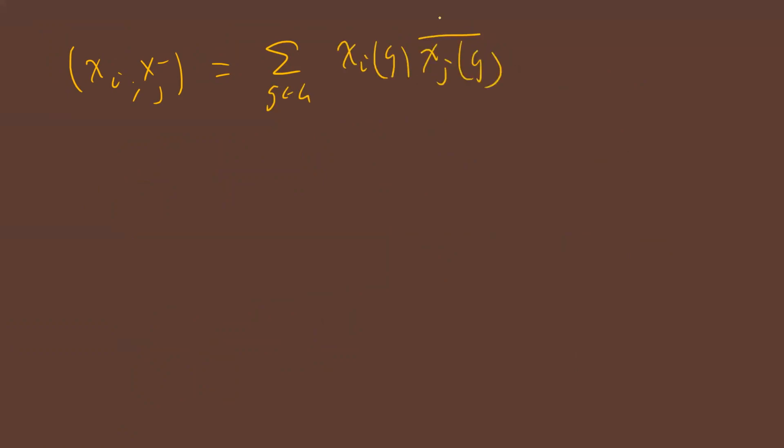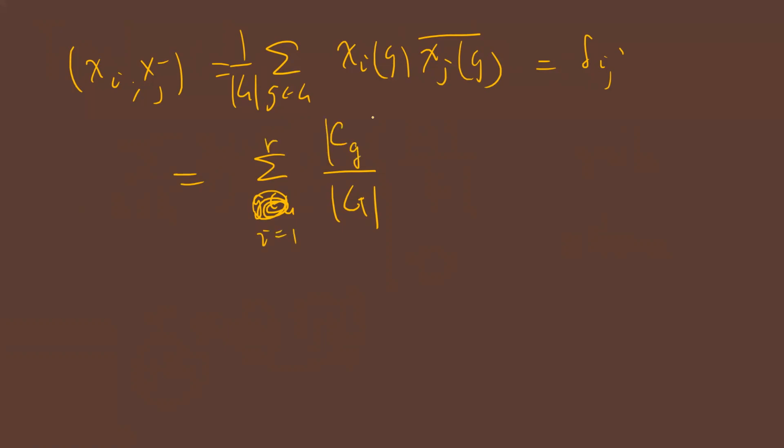Yeah, this proof is easy, right? So let's take the row orthogonality. The original row orthogonality is the sum over G belonging to the group of chi_i(G) complex conjugate chi_j(G), which equals 1 over the order of G times delta_ij. Now I know the class function is defined on the class, so I can take this sum to be over the conjugacy classes, with the size of the class C_G, times chi_i(G) chi_j(G).